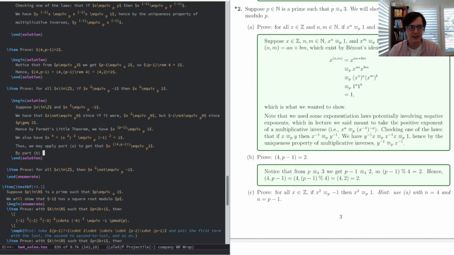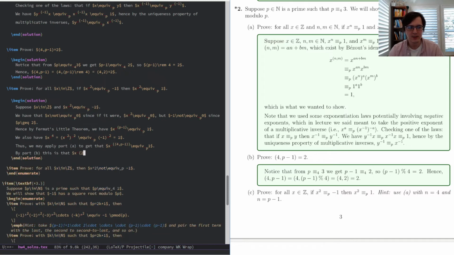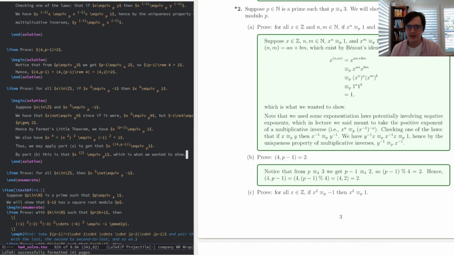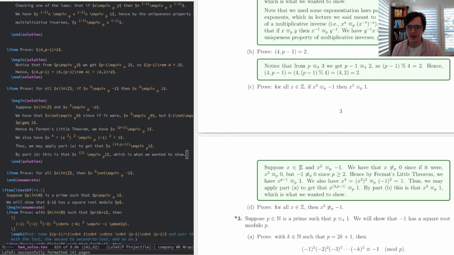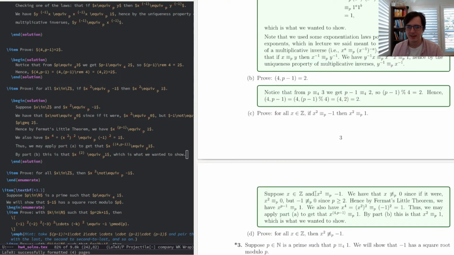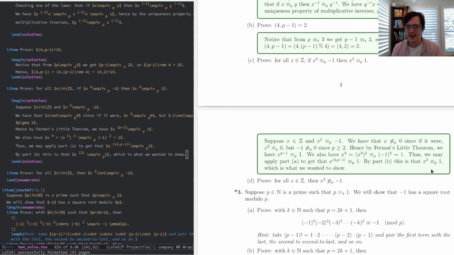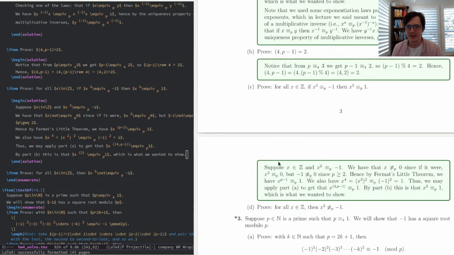By part B, this is that x squared is equivalent mod p to 1, which is what we wanted to show. So it's a bit of plumbing in this problem, taking some of the things, setting it up to use the previous two results, and then we get this seemingly absurd thing.